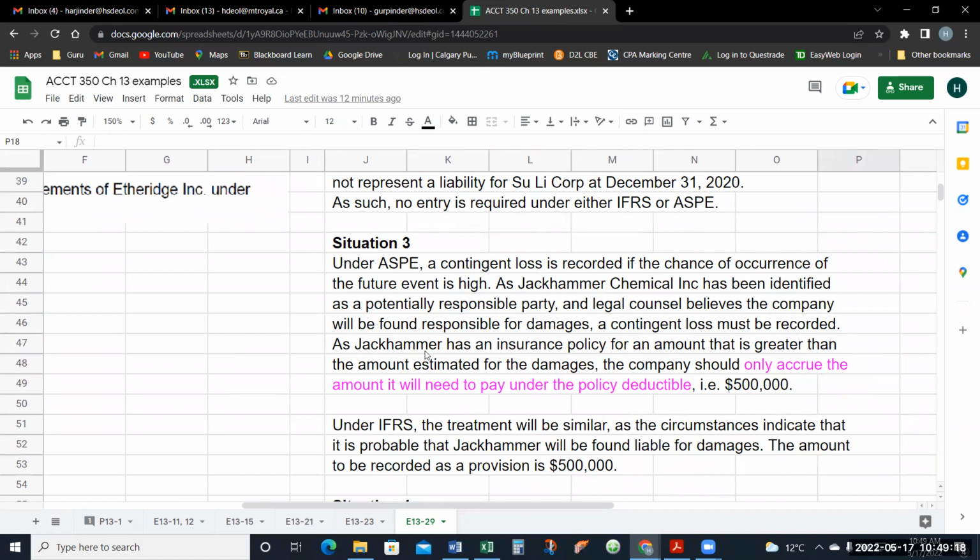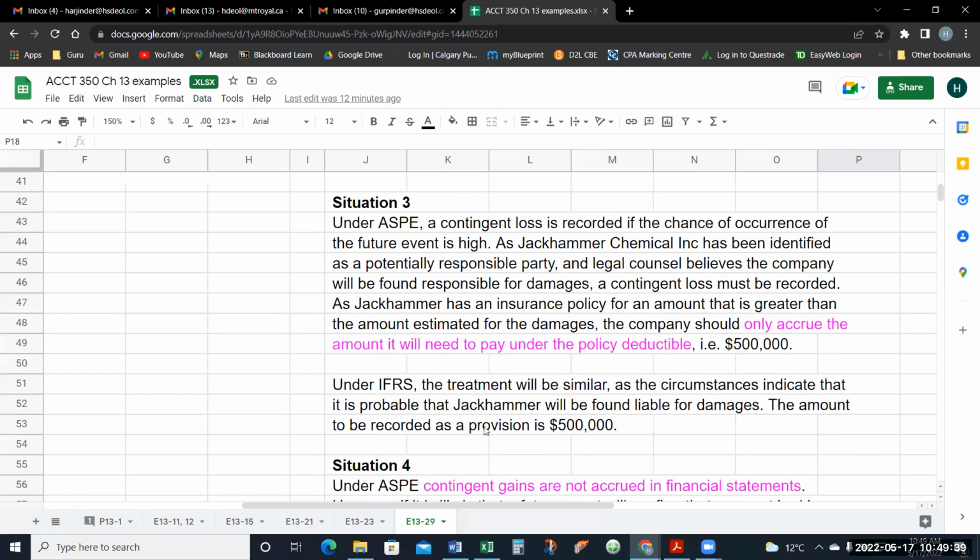Now, because Jackhammer already has an insurance policy for an amount that exceeds the $5 million that is likely to be paid, the company only needs to accrue the amount it will have to pay under the policy deductible, and that's $500,000. And the treatment's the same under IFRS. Under IFRS, we would record a provision for $500,000.